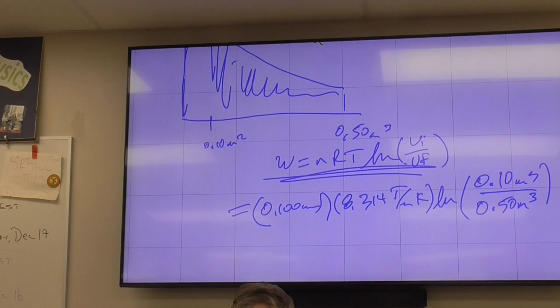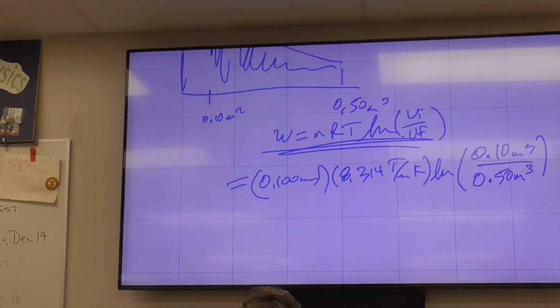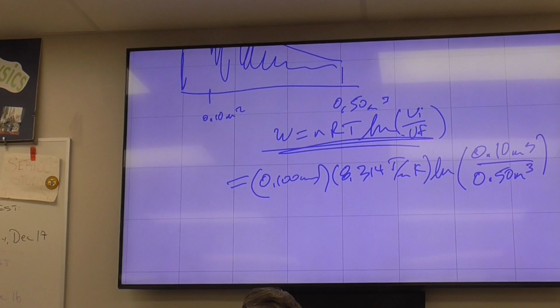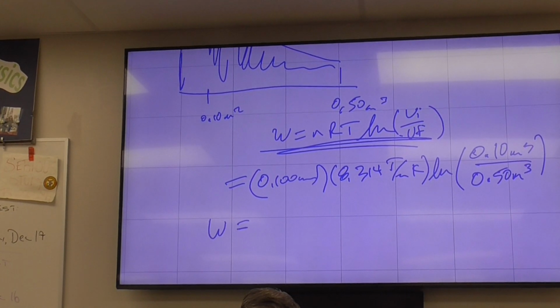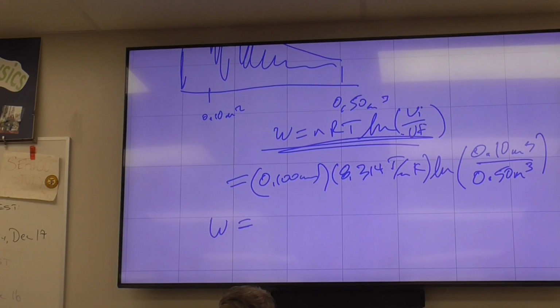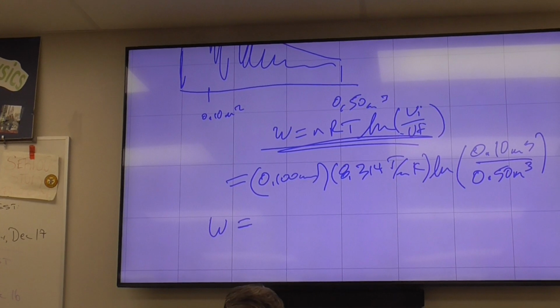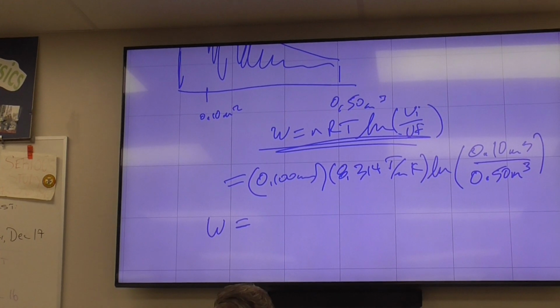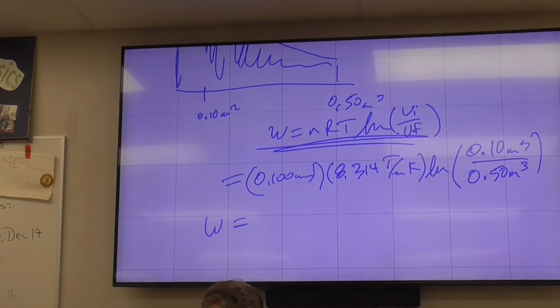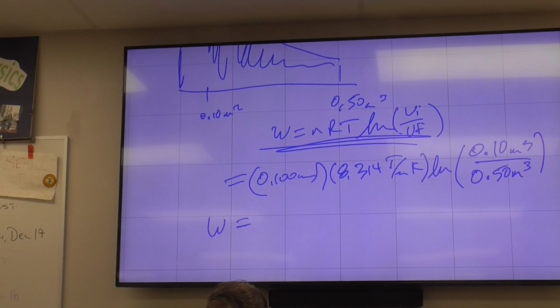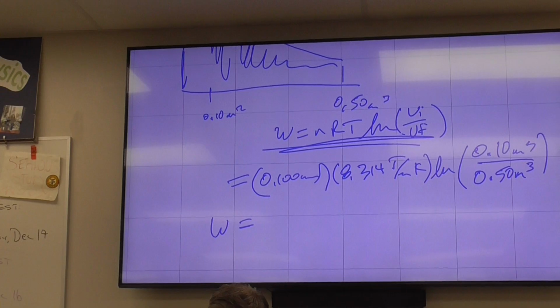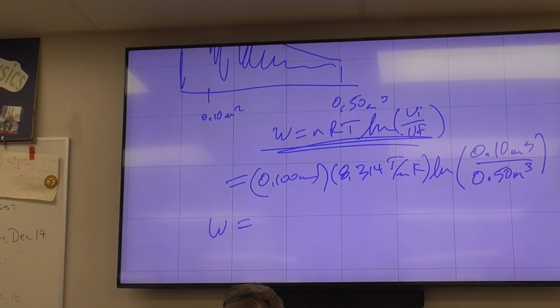Okay? Now, somebody do the math. Take 0.1 times 8.314 times the natural log of 0.1 over 0.5. Negative 1.334.